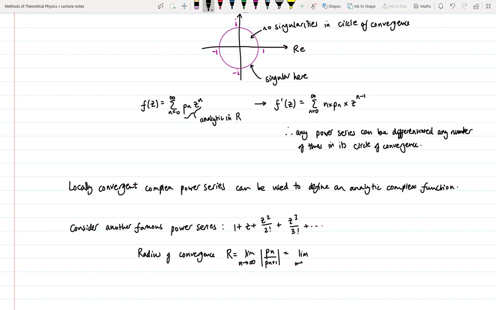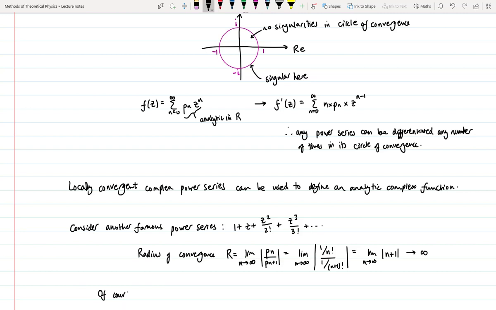Substituting in, we have that this is 1 over n factorial divided by 1 over n plus 1 factorial, which is the limit as n tends to infinity of n plus 1, which of course approaches infinity. This means that the radius of convergence is infinite.